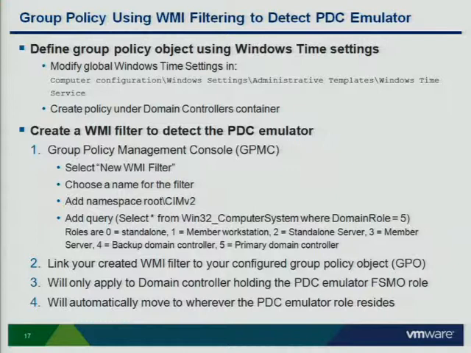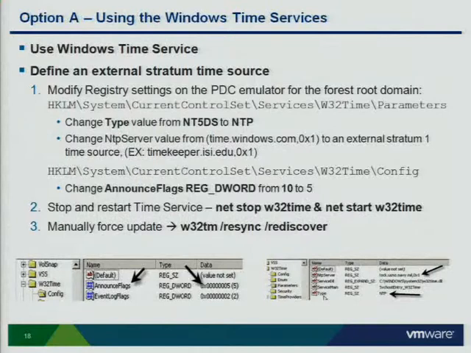I mean, if there are things that you're doing or things that need to be modified, and should that PDC emulator move to a different entity, because they can be changed around, this particular policy will allow it to be followed and updated. And where is it updating it? It's updating it in your DNS records and your Active Directory domain environments. Now, how do we combat time? There's a couple of options that you have at your disposal that you can use to combat the time issues associated with it.